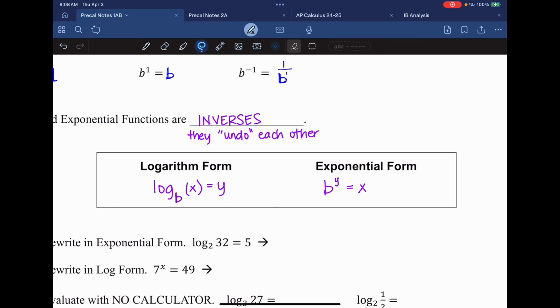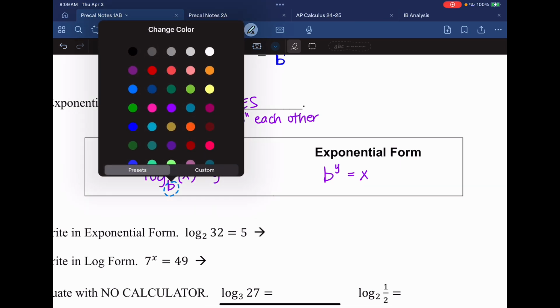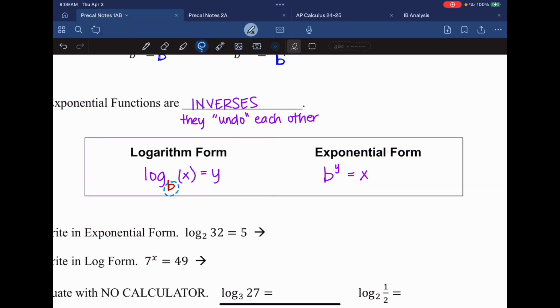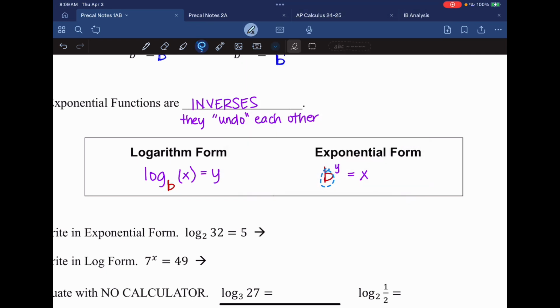So I'm going to go back and color code a couple of things. The base of the log and the base of the exponent are the same. The base is the base. The other two pieces are going to switch places.